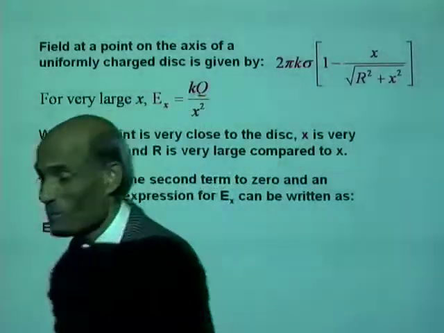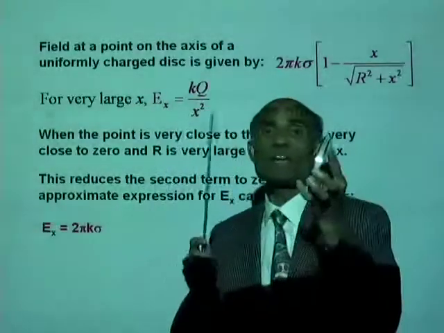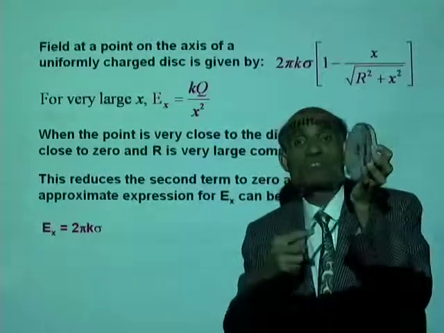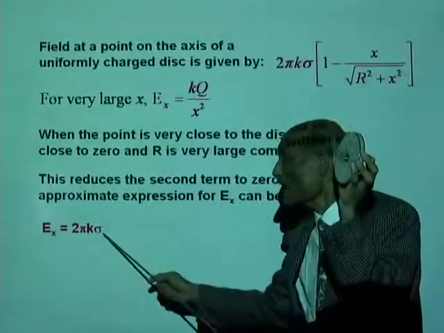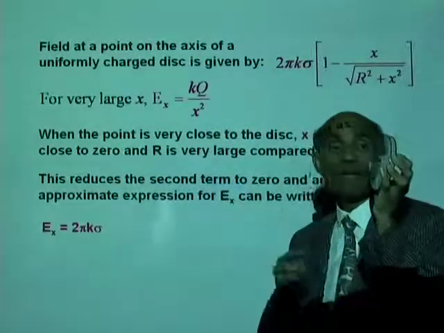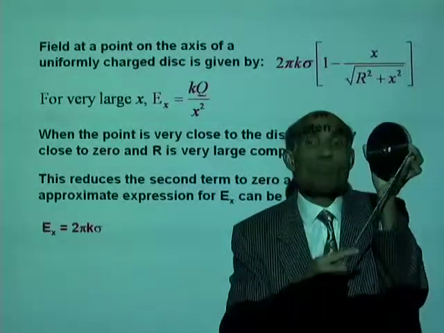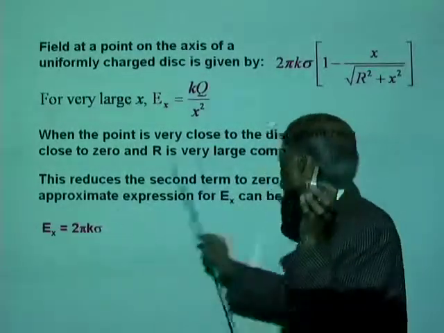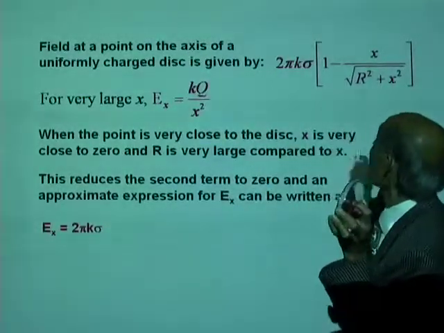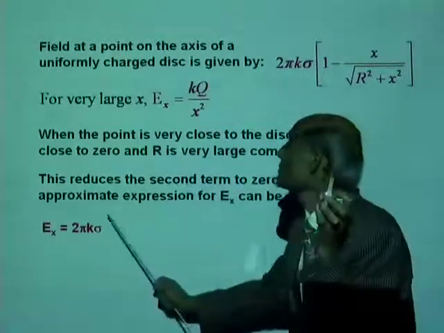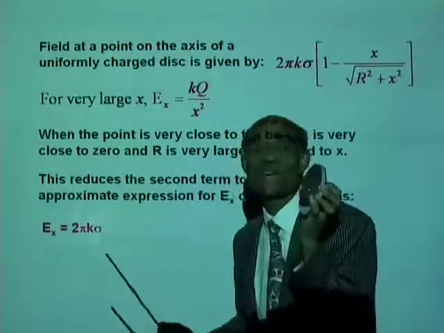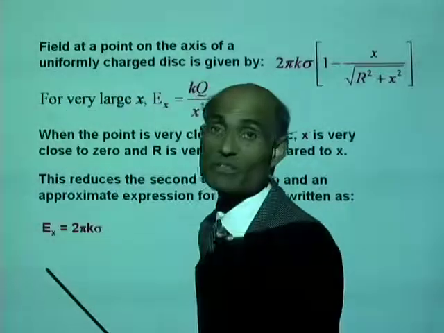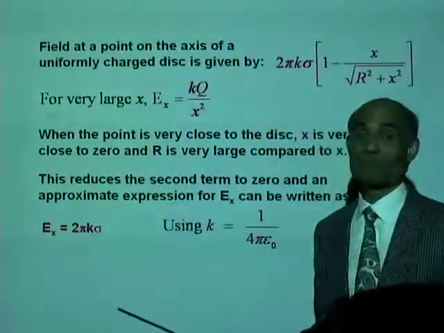I want you to remember that. The electric field very close to a charged disk is 2 pi k sigma. When x is very small compared to the radius of the disk, that part will become 0, and the electric field will be given by 2 pi k sigma. We will be using that very many times.